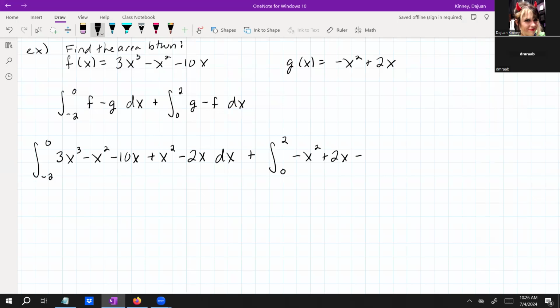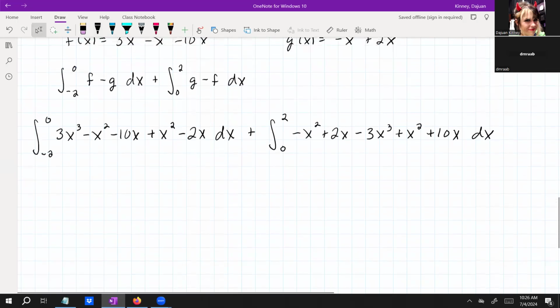Minus my f function, change all of the signs. Okay. Going to combine like terms. Is that my only cube? Let's cancel. That is far, far nicer.